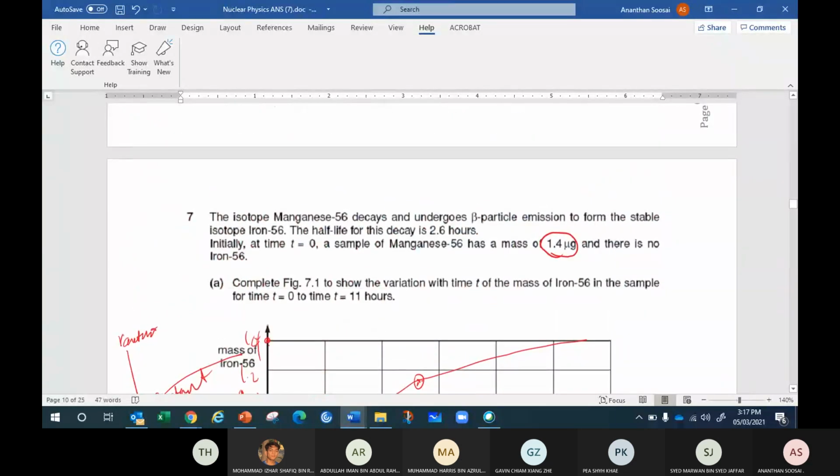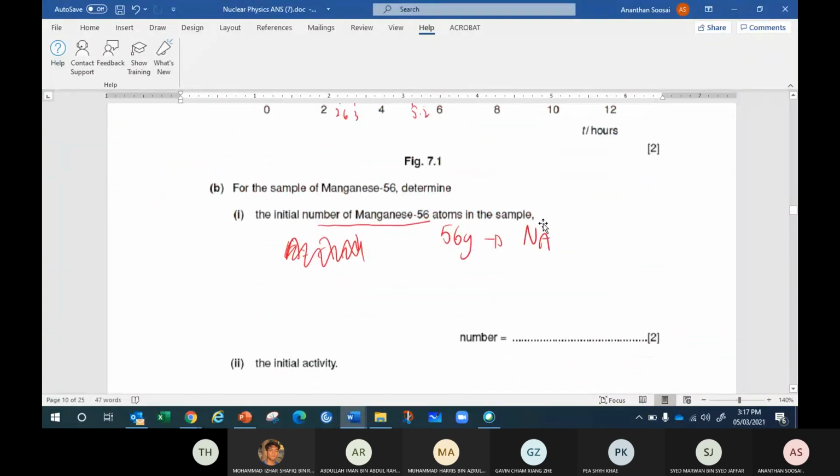So this mass, 1.4 times 10 power negative 6 gram, how many particles? So ratio: N equals 1.4 times 10 power negative 6 over 56 times N_A. You get the number of particles.